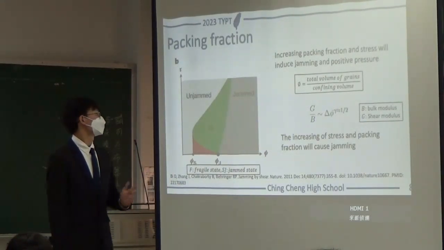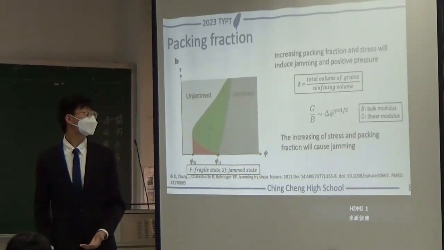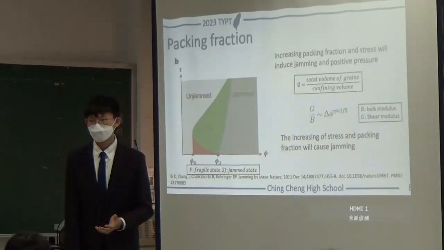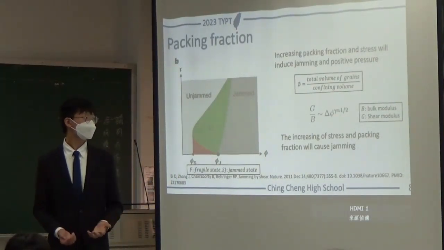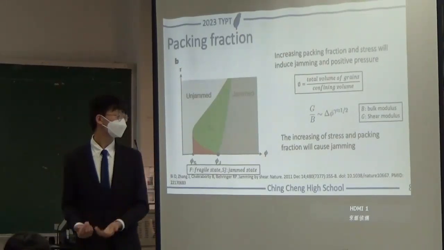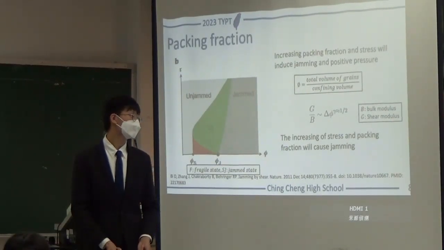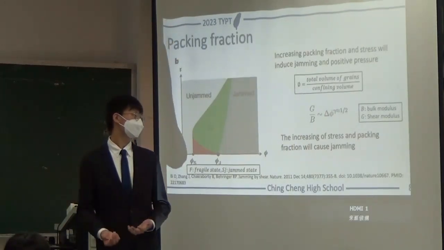And when we increase packing fraction and stress, it will induce jamming and positive pressure. And we define V equals the total volume of grain over the confining volume. And there's an interesting equation about the shear modulus and the bulk modulus.